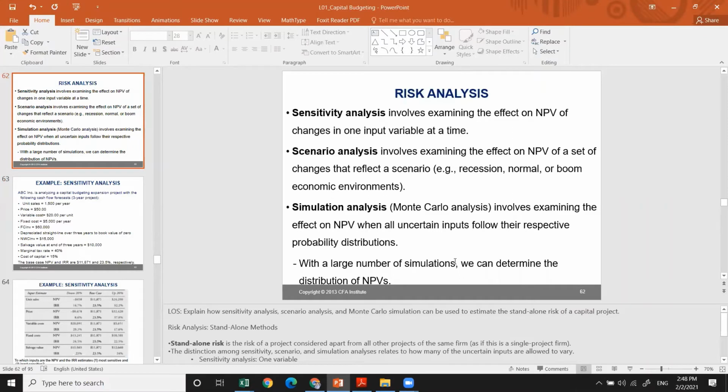When it comes to the scenario analysis, it involves the examination of the impact on the NPV if you change all the variables, but with different scenarios. We're creating one scenario, let's say recession, where everything is bad. You create the worst case: you overestimate the cost, you underestimate the profits, you show the worst scenario possible in order to see what will happen to your NPV.